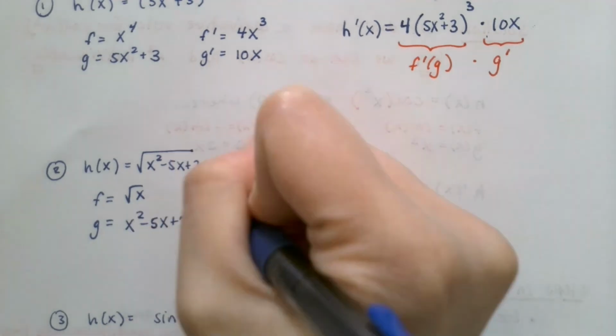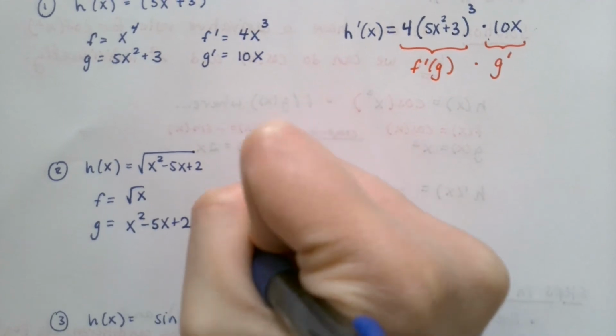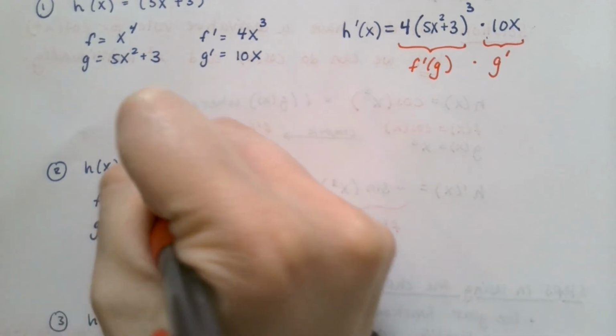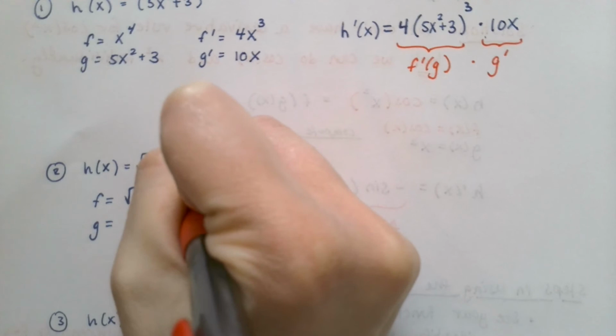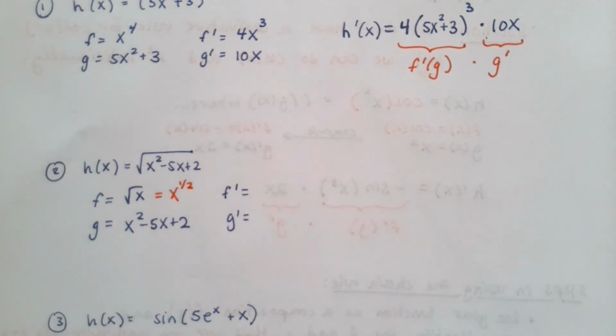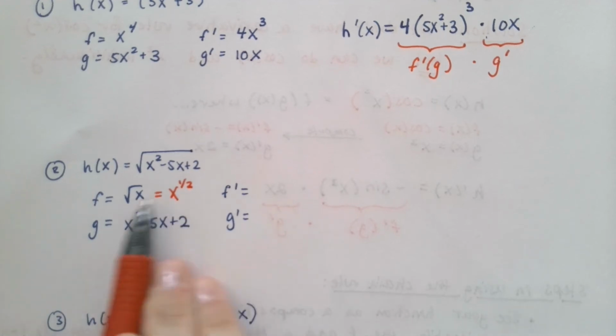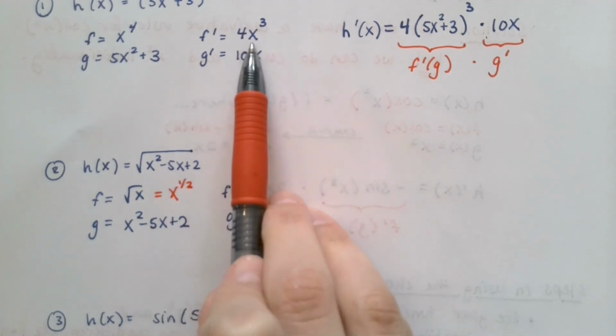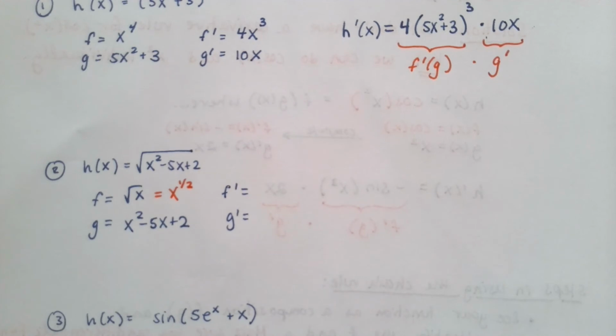All right, these work, so I'm going to do f prime and g prime. The square root of x, you may have that derivative rule memorized already. It's one that comes up a lot. If you don't have it memorized, that's totally fine. You just want to remember that the square root is the 1/2 exponent. So this and this are the same thing, just written in different ways. And when you write it as x to the 1/2, you realize you can use the power rule, just like we did with the 4 in the first example.